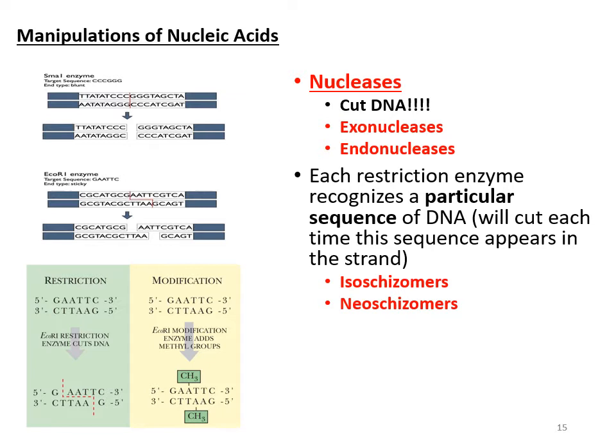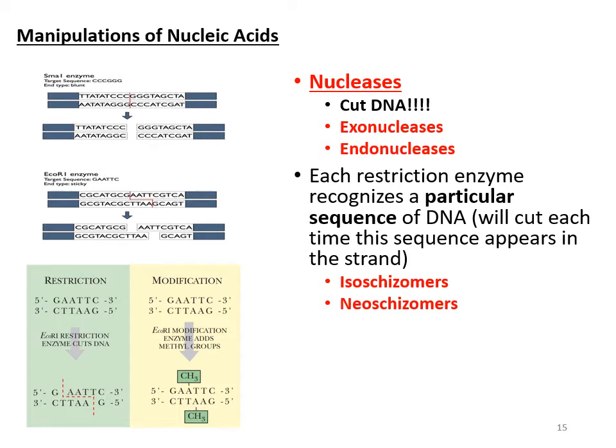For instance, one may cut the sequence after the G, whereas the other enzyme, the neoschizomer of that first one, will cut after the A. So they both recognize the same sequence, GAATTC, but they cut at 2 different places.